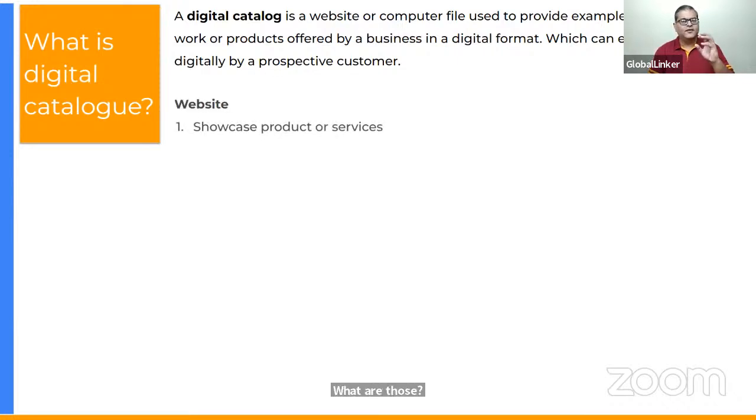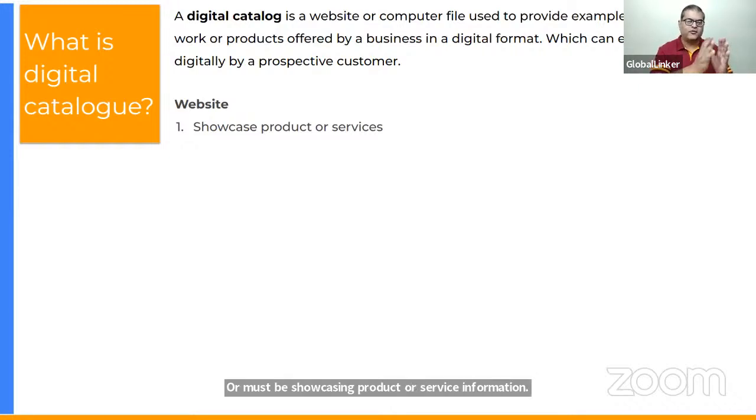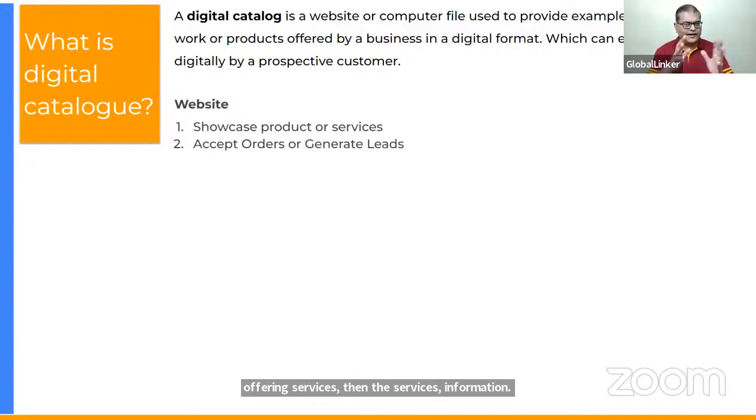First is the website should be able to showcase, or must be showcasing, product or service information, right? So if the business is offering products, then it should be showing the product information. If it is offering services, then the services information. Second is accept orders or generate leads. What does that mean?